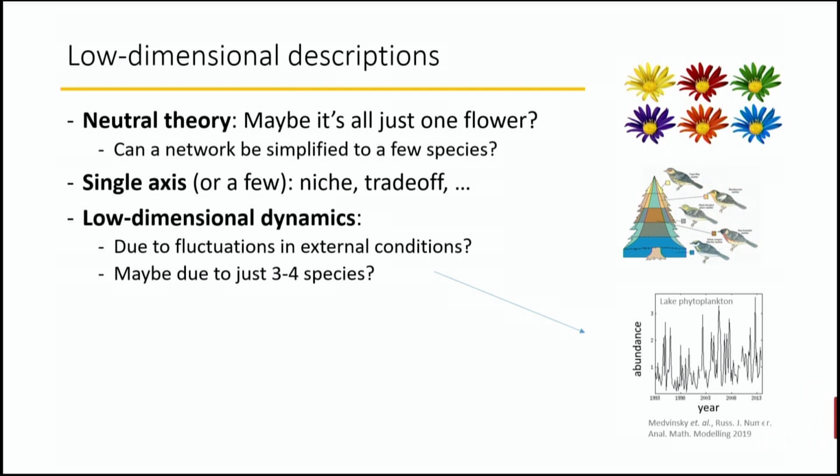Or maybe it's 3-4 species that are doing some dynamics, and the rest are just enslaved to this. So even if I count 100 species here, maybe it's not rich in the sense that these 100 species are doing something interesting.